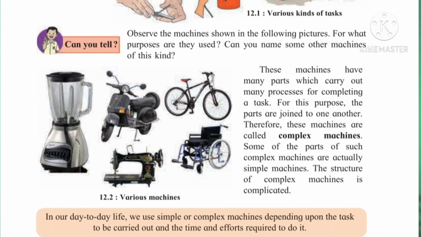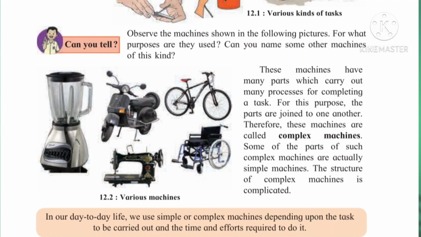As we observe, these machines have many parts which carry out many processes for completing a task. For this purpose, the parts are joined to one another. Therefore, these machines are called complex machines.